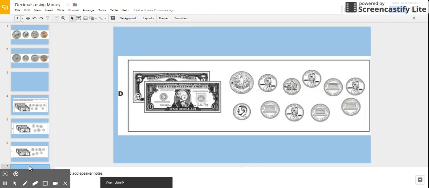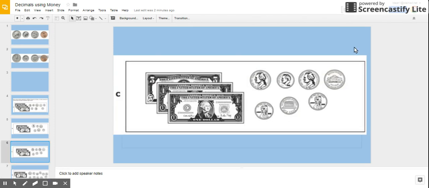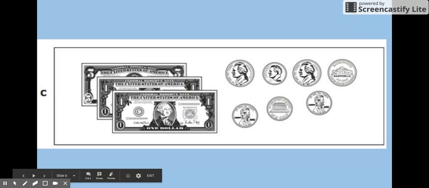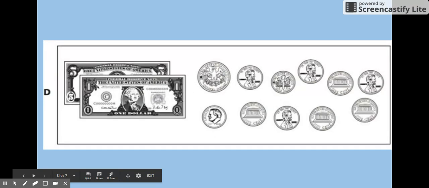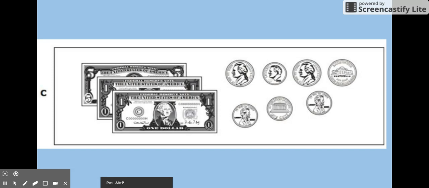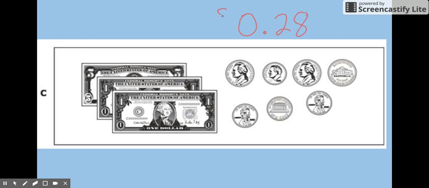Okay, so we just determined right here that this number was 28 cents, which is amazing for us because we were really trying to find the 8 in the hundredths place because that's like saying only 8 cents.